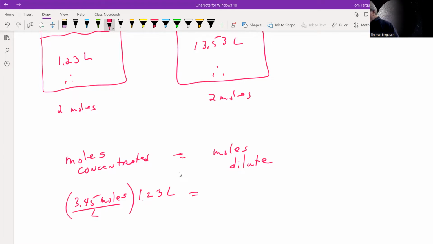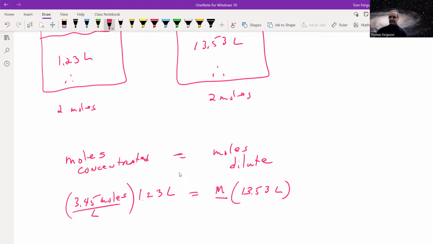Okay, over here, let's do this different. So we have 3.45 moles per liter times 1.23 liters. That gives us moles. Over here, remember, that's molarity, so it's moles per liter. We multiply moles per liter times liters, we end up with moles.